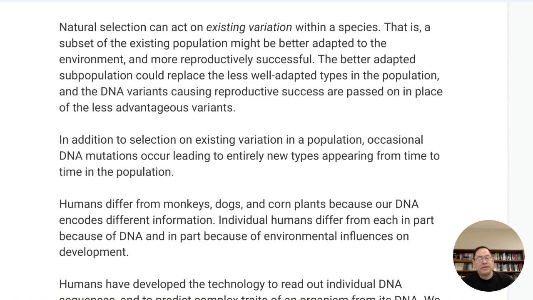And typically those random changes in the DNA of an organism are not adaptive. They don't make that mutated version of the organism more fit or more able to succeed in its given environment. But occasionally something will happen where the change is actually beneficial. And of course, then that can drive further evolution or further change in the species. So we have both selection acting on existing variation, and then we have sources of new variation in the DNA.